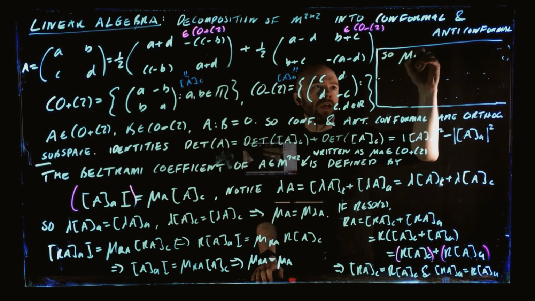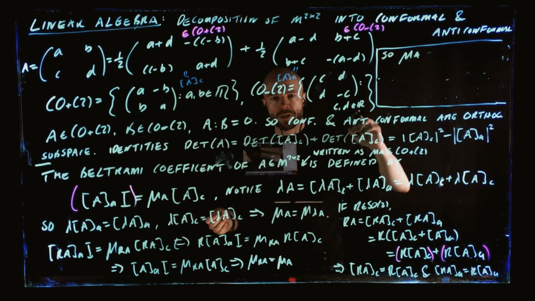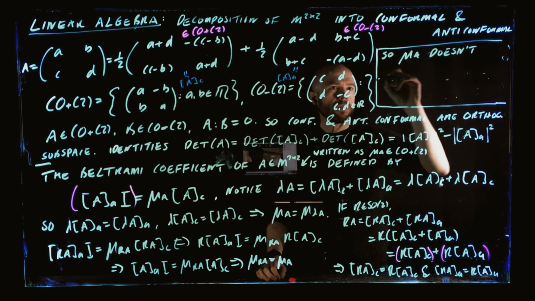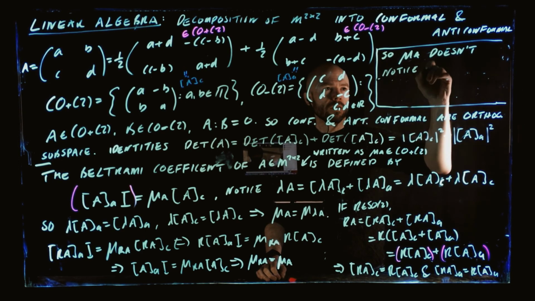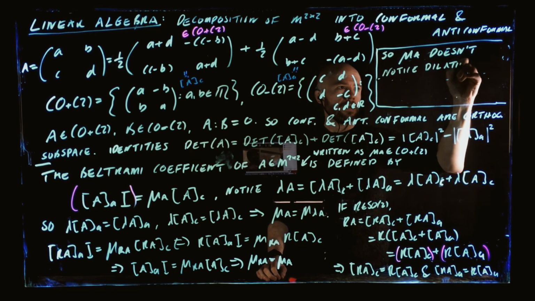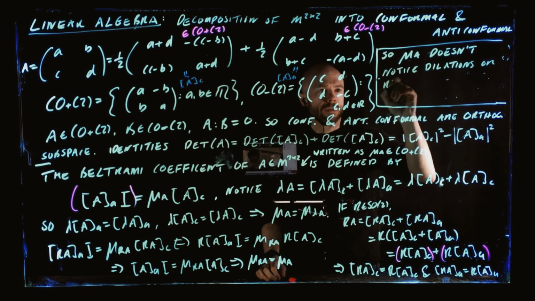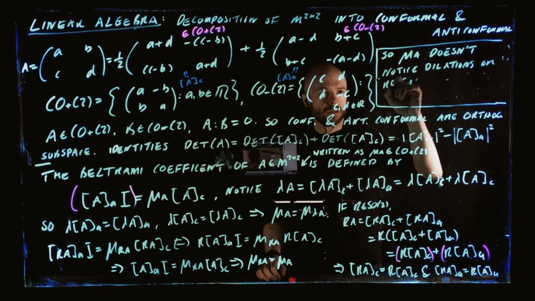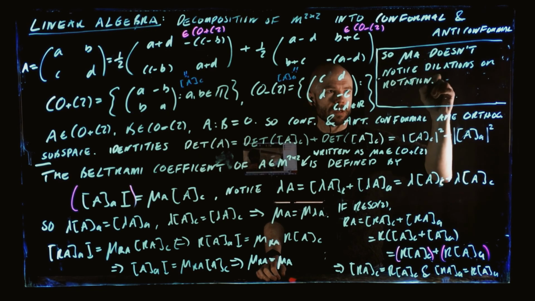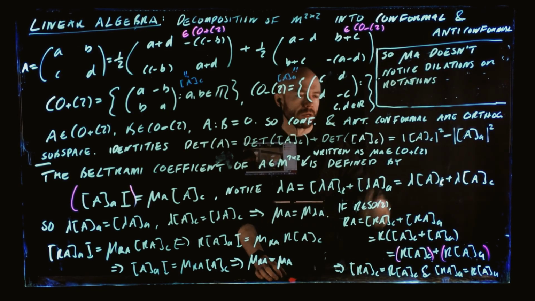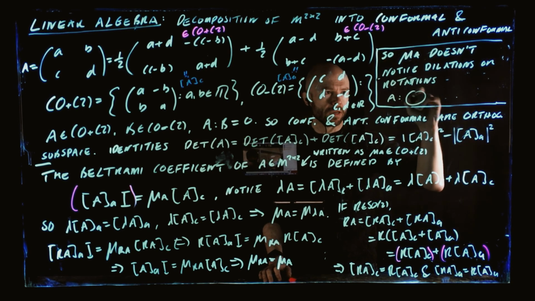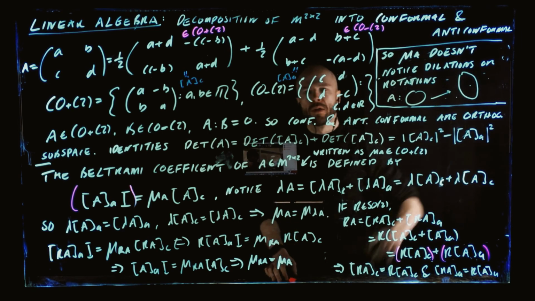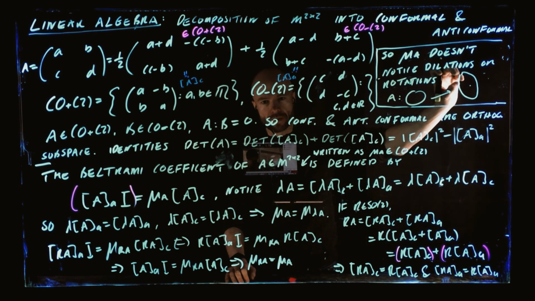So mu of A doesn't notice dilations or rotations. If you take your matrix and it's deforming the ball into some sort of ellipse, then mu of A isn't going to detect the size of this.